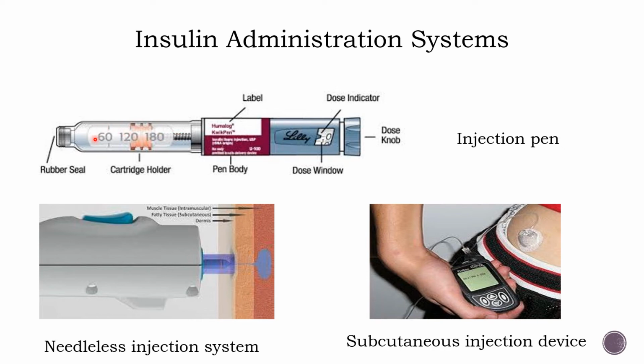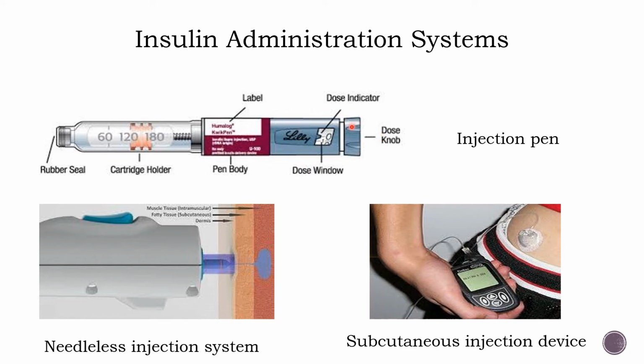which holds the medication. Then this is the label that would tell you the dose and expiry date and the name of the medication. Then there is a little square window. It is called a dose window and there's a small triangle that is a dose indicator.